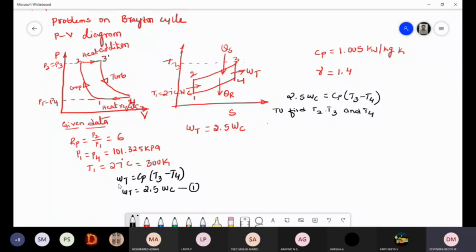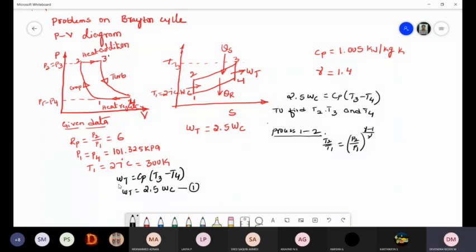And from process 1 to 2, how will you write process 1 to 2 in terms of temperature and pressure? T2 by T1 is equal to Rp to the power gamma minus 1 by gamma. T2 by T1 is equal to P2 by P1 to the power gamma minus 1 divided by gamma. Right?